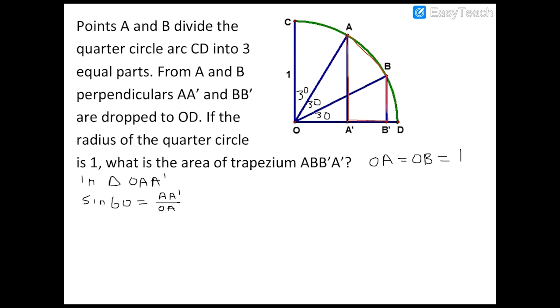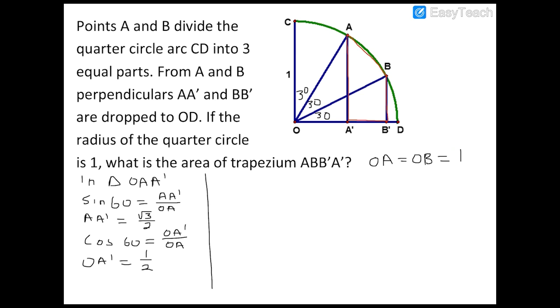So AA prime would be equal to just sine 60, which is root 3 over 2, and cos of 60 would be equal to OA prime divided by OA. We know that OA is 1, that means OA prime is equal to 1 over 2.